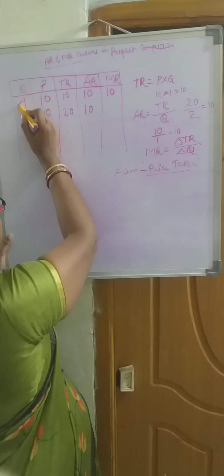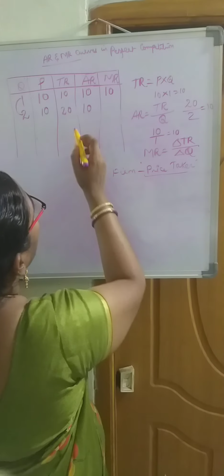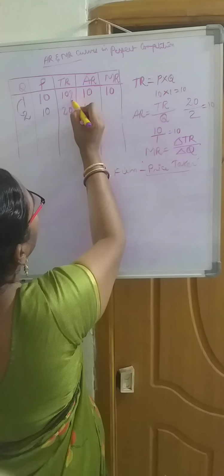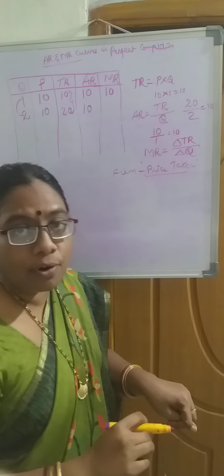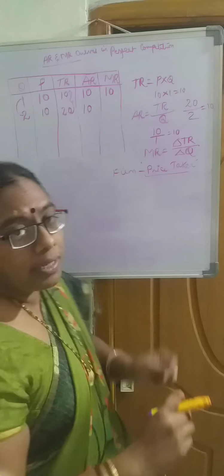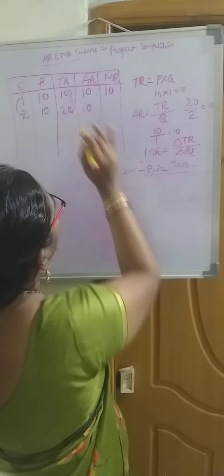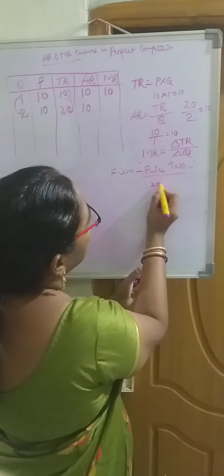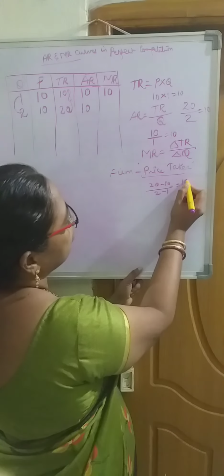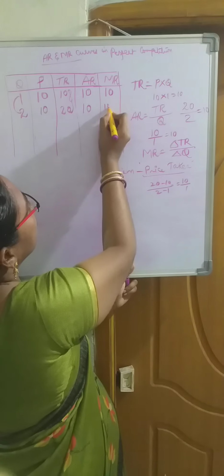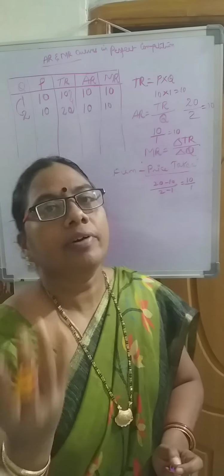Now, the extra product he is selling, and the extra amount he is getting when he is selling an extra product, is called marginal revenue. So here the extra amount is 20 minus 10 by 2 minus 1, which is equal to 10 by 1. By selling an extra product, he is getting an extra amount of 10 rupees.